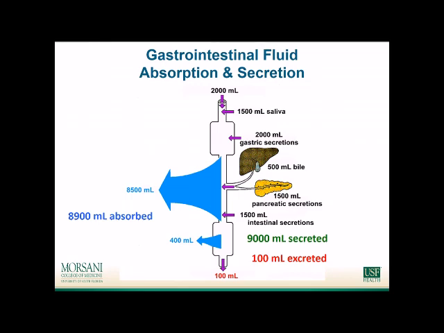Okay, and along with that, what we have to consider is not only how the water gets absorbed or secreted, but what is going along with that water. And that's really where we talk not only about absorption of nutrients, but also all the electrolytes. And we can talk about lots of different types of electrolytes that are absorbed across the intestinal wall, but I chose to really focus on 2 predominant ones that dictate absorption and secretion.